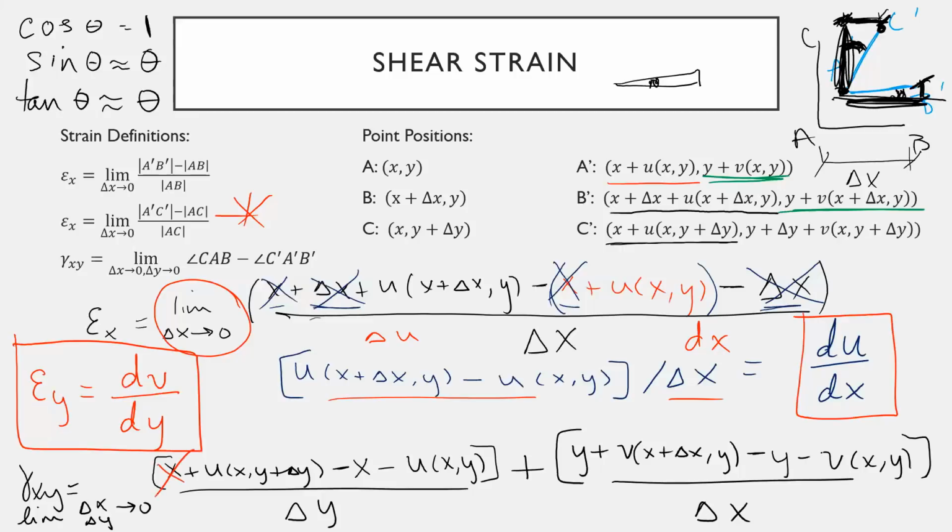I have an x, I have a negative x, I have a y, I have a negative y. I have a very similar situation to what I had before. I have the change in u, but it's divided by delta y. And then I have the change in v divided by delta x, and I'm taking the limit as those go to 0. So I'm running out of room, but we'll stick it right here. Gamma xy equals del u del y plus del v del x.